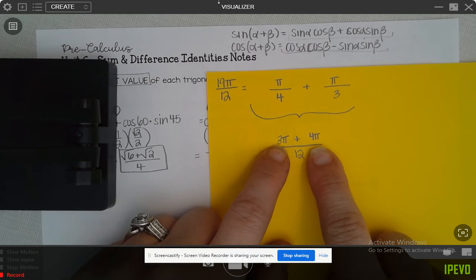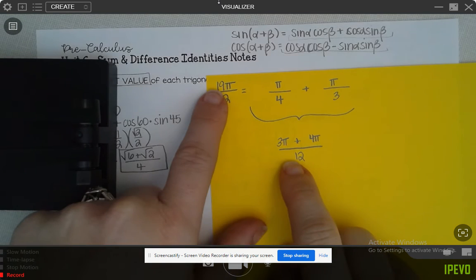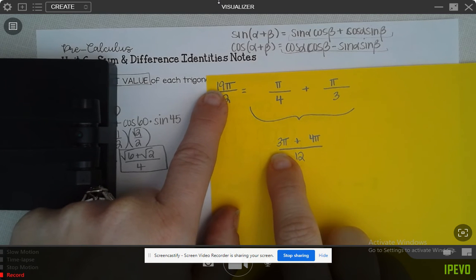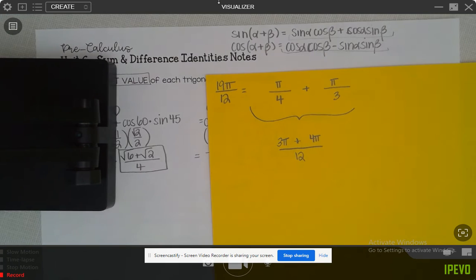Did everybody see what I did? Or I say, if I do 19 minus 3, what is that? What would I have to multiply this by? 4. Do you see how there's going to be different ways of doing it? I don't care how you see it. I just want you to see it. And you're going to get the same answer no matter what. Okay? You have to play around a little bit.